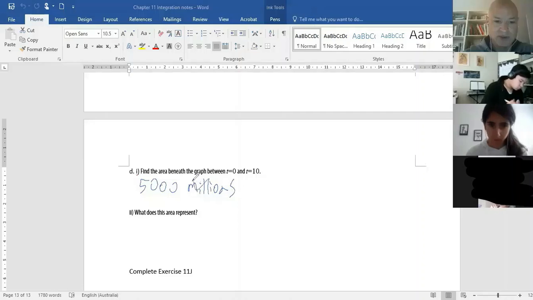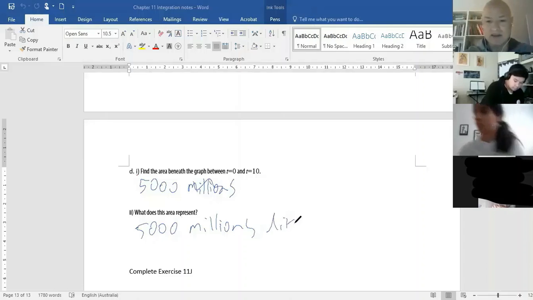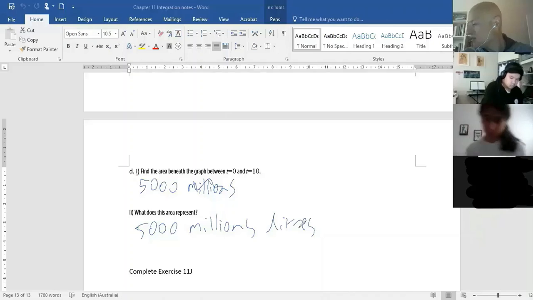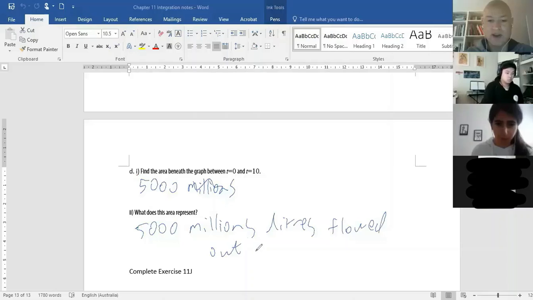What does this represent? 5,000 millions litres flowed out. In the first 10 hours.